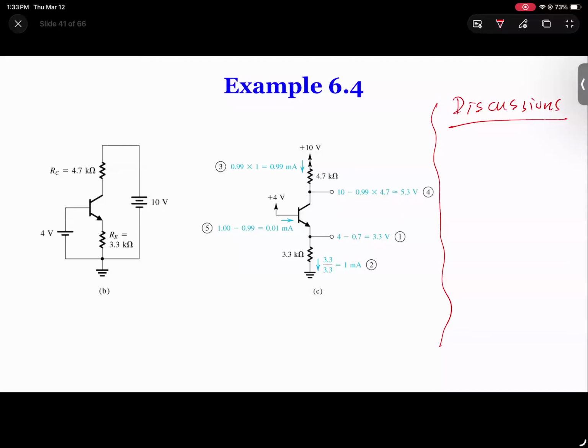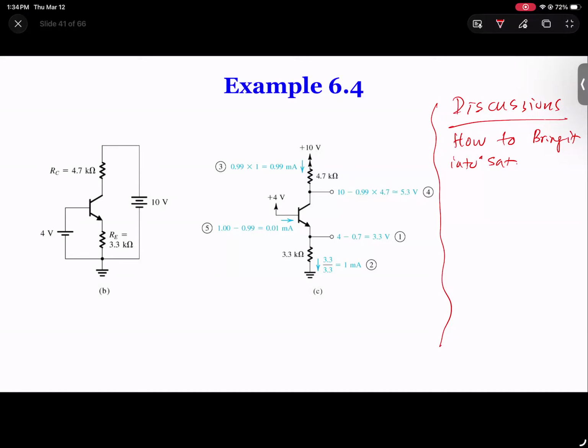If I change some of the numbers, I want to bring this transistor into saturation mode. How to bring it into saturation mode? This is purely an exercise. What is the trend? We can do it similarly to the previous example.